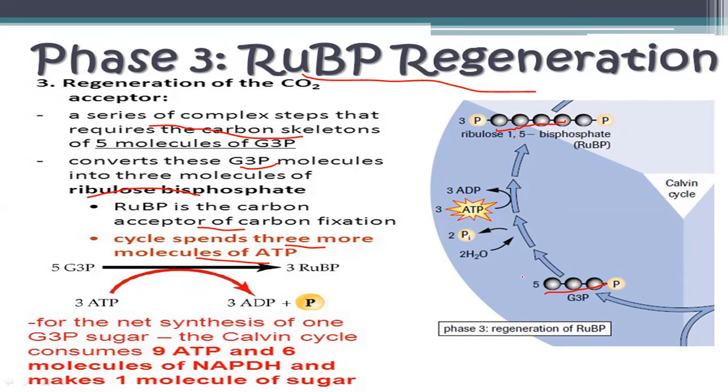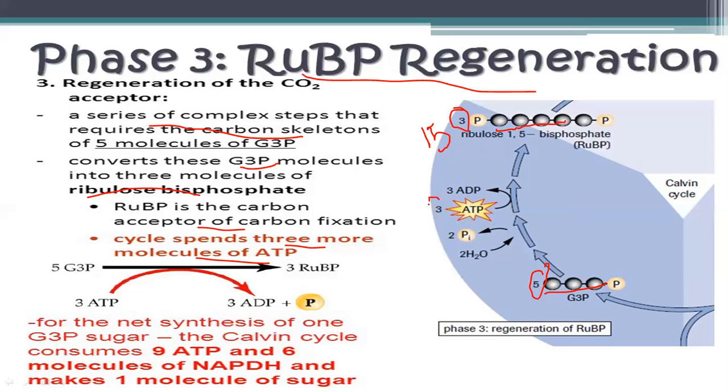This is 3 carbon, so 5 threes are 15. The number of carbons is the same, no addition, no releasing, but it has a different structural formula. So that becomes ribulose 1,5 bisphosphate.